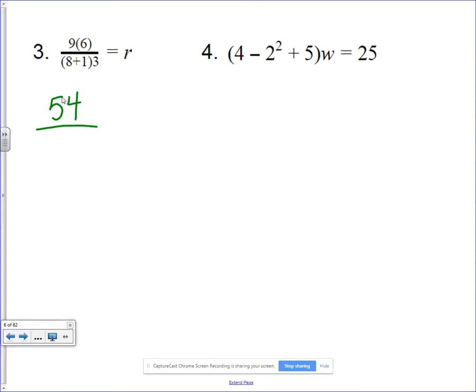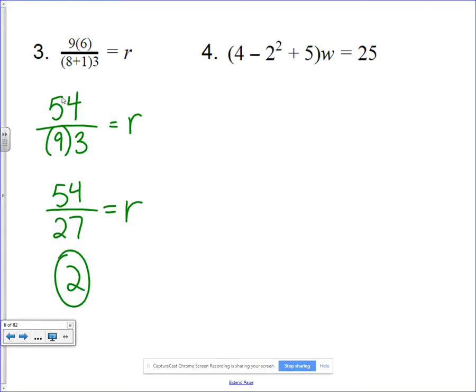What is 8 plus 1? So that's a 9. Now what do I need to do? Not divide yet. Multiply. What is 9 times 3? So this is really 54 over 27. Now we'll divide and get 2. So if I take that 2 and I put it up there where the r is, it will make a true equation.